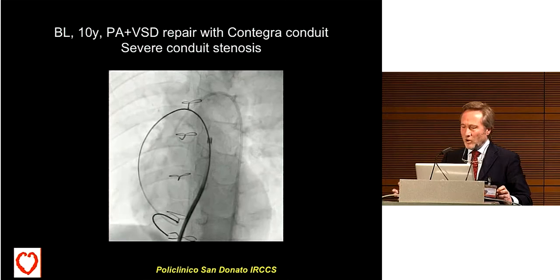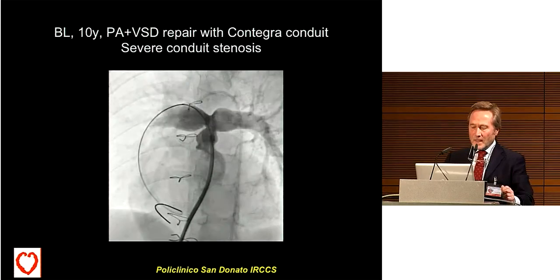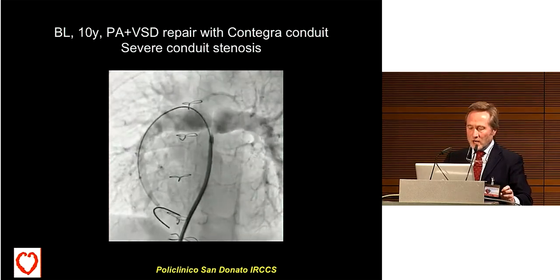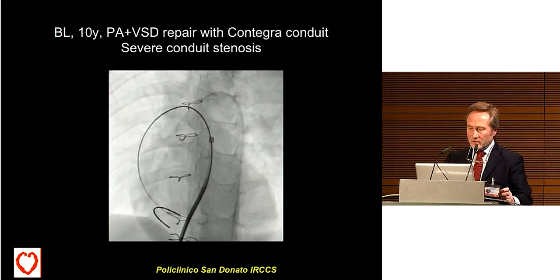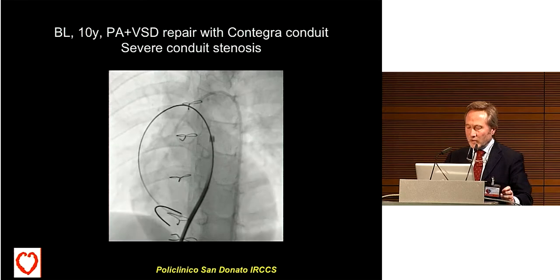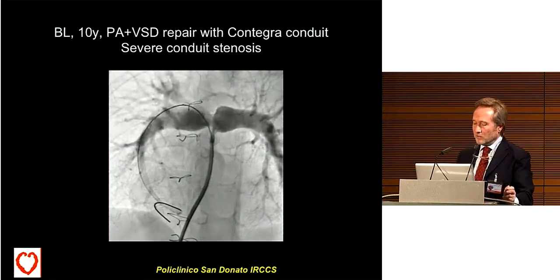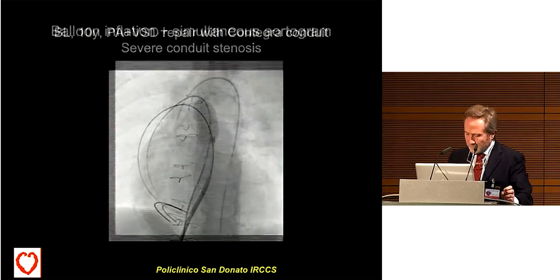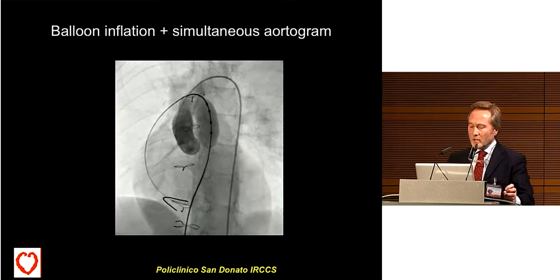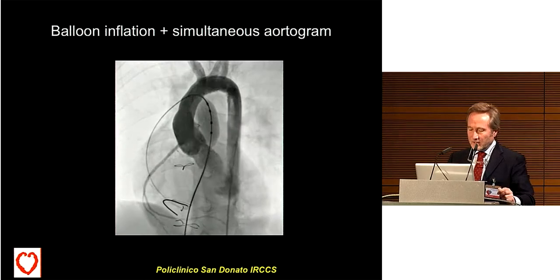This is a patient in our experience with tight stenosis of a distal Contegra conduit that seemed to be suitable for stenting and device implantation. We did a balloon test and the aortogram.